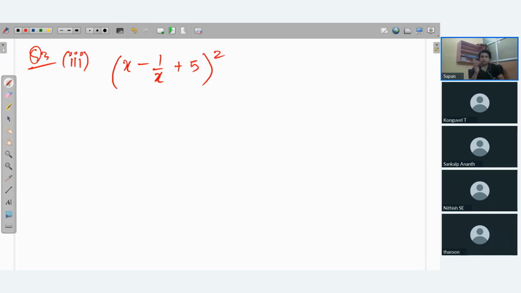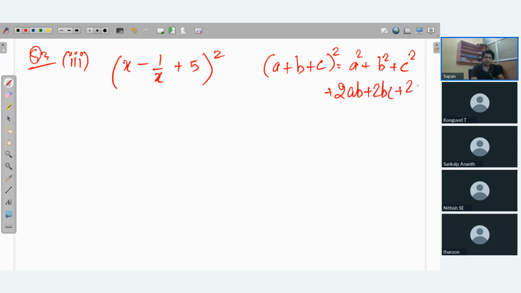There are two ways to do this. One is obviously (a plus b plus c) whole square, the most common way, which is a square plus b square plus c square plus 2ab plus 2bc plus 2ca.